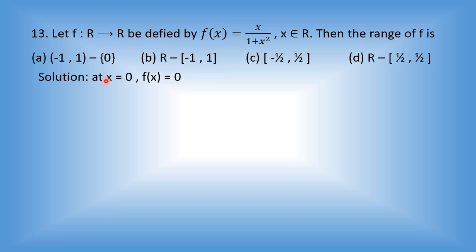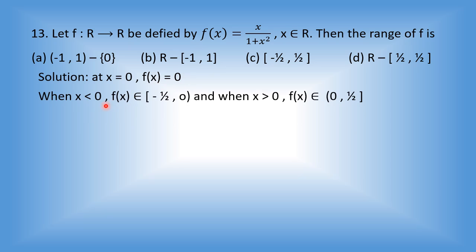So at x equal to 0, clearly f of x is equal to 0. And for all negative real numbers, f of x belongs to the half-closed interval minus 1 by 2 to 0. And when x is greater than 0, for all positive real numbers, f of x belongs to this interval here.